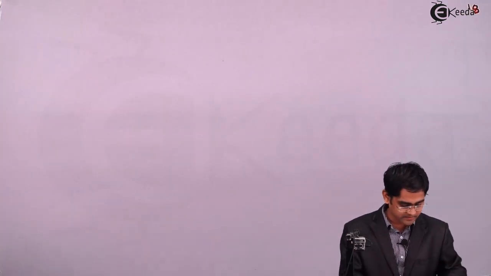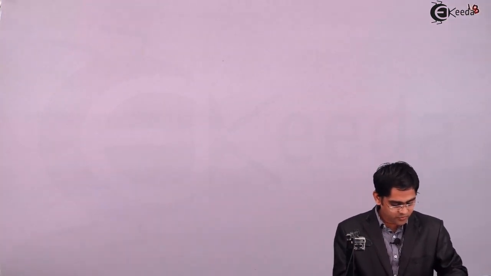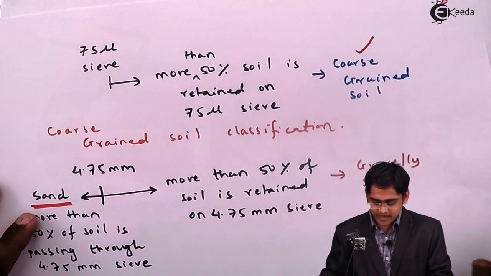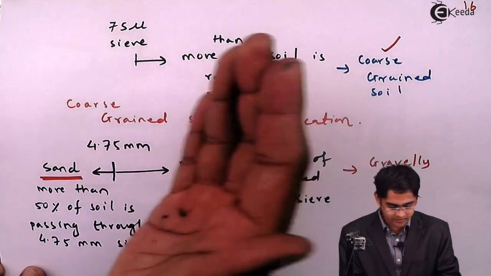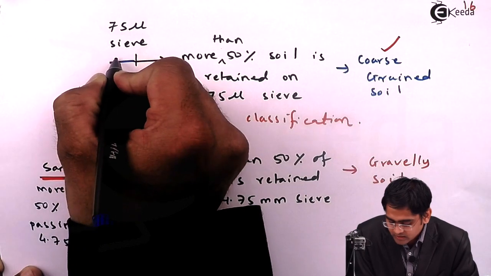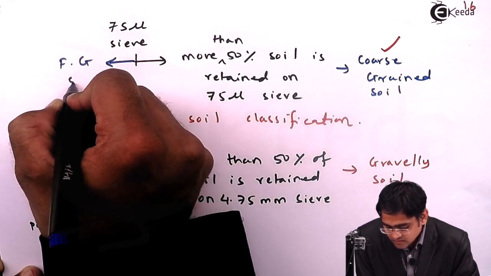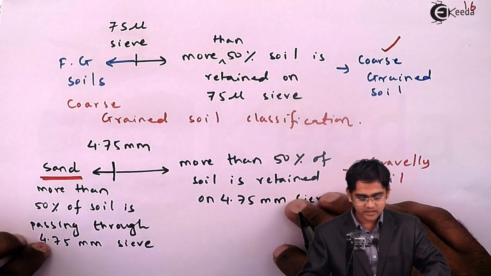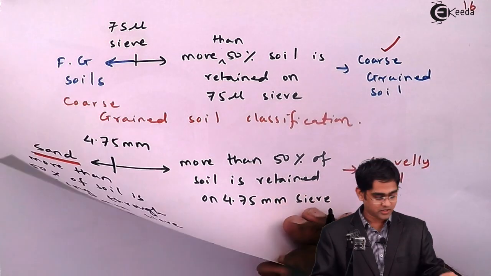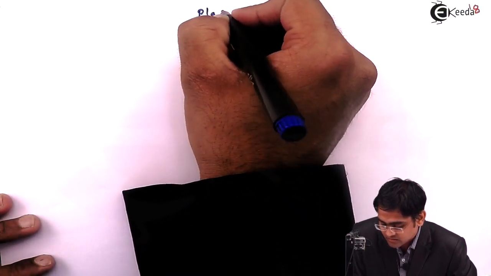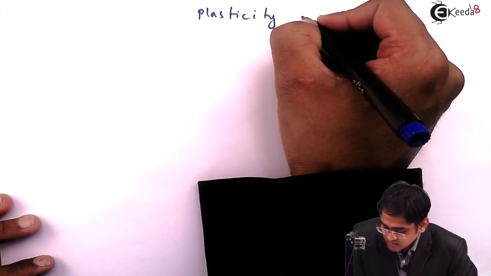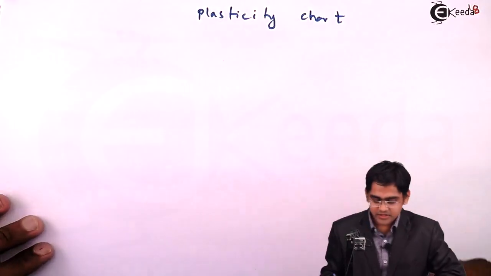Similar to the unified soil classification system, we have just now seen the coarse-grained fraction, but for fine-grained soils, the Indian Standard Code suggests using the plasticity chart.